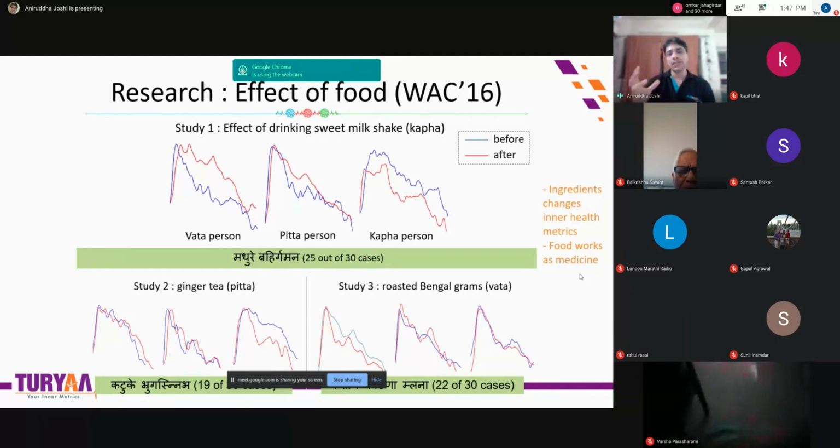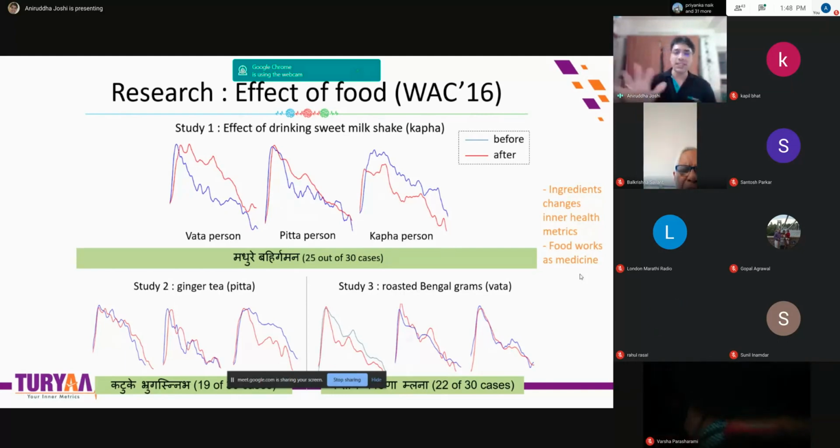On students of Vata, Pitta, and Kapha categories, for 4 days we gave them mastani. For 4 days we gave them ginger tea. For 4 days, at lunchtime, we gave them harbarachi usal, and so on. We collected before and after data. What we actually observed is that based on their personality, different foods have different effects on those people.